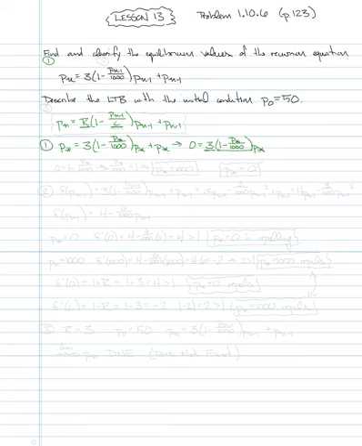I'm going to try and set that equal to 0. So 0 is equal to 1 minus P star over 1,000, or P star over 1,000 is equal to 1, or P star is equal to 1,000.